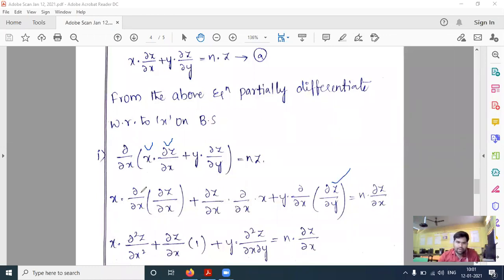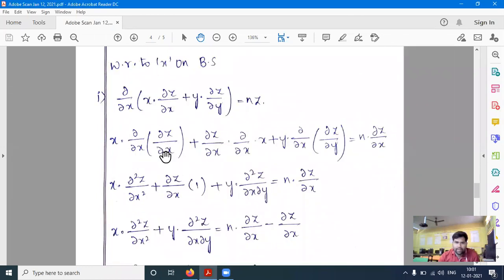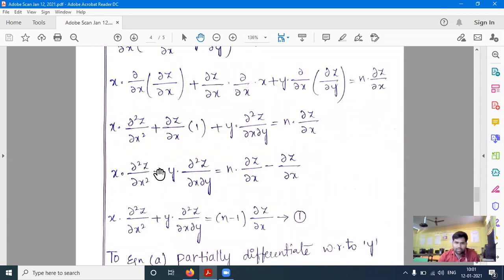So x into dou square z by dou x square plus dou z by dou x into dou x by dou x, which is 1, plus y into dou square z by dou x dou y, that is equal to n into dou z by dou x. So x into dou square z by dou x square plus y into dou square z by dou x dou y is equal to, we are sending this dou z by dou x to the right side.